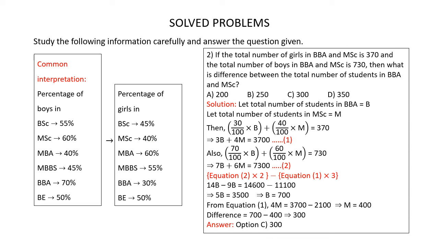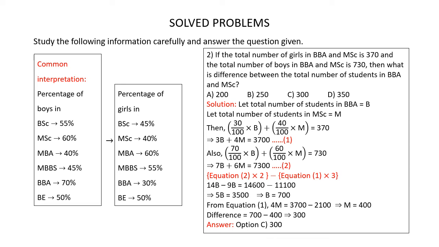Now it's given that the total number of girls in BBA and MSc is 370. So 30% of B plus 40% of M is equal to 370. On simplification of this equation, we get 3B plus 4M is equal to 3700.